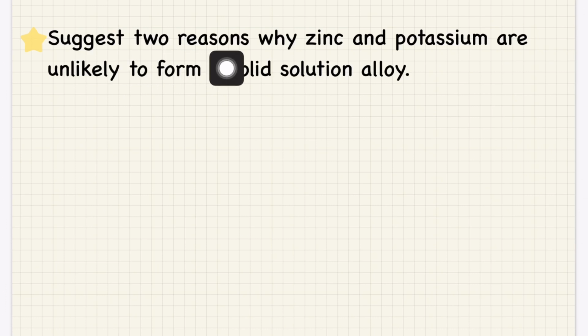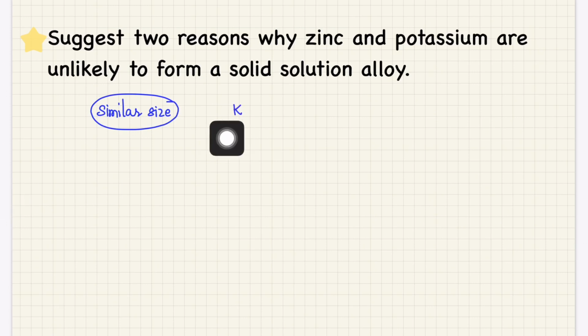Suggest any two reasons why zinc and potassium are unlikely to form a solid solution alloy. Basically, as we have already discussed, to form a solid solution alloy they should have similar size. But if we see the size of potassium, which has the symbol K, it's an alkali metal, and alkali metals are bigger in size.